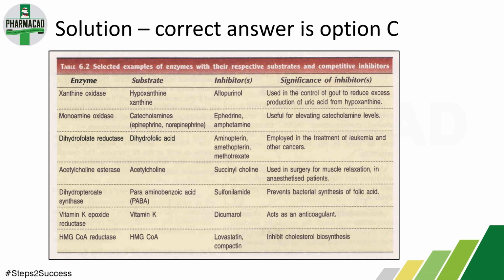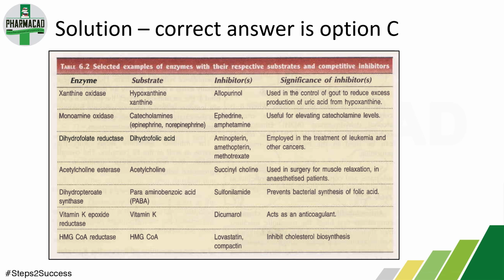To reduce the production of uric acid, allopurinol is a medicament which inhibits this process. So basically, allopurinol is used to treat gout.